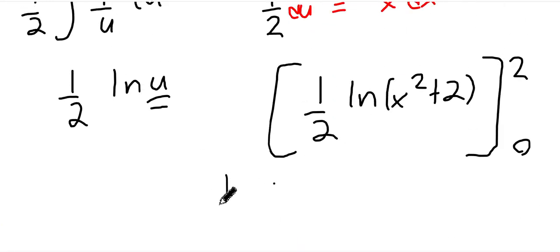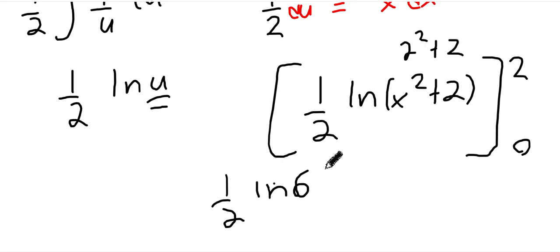And then this means it's going to be substitute in, so it's going to be a half ln, what's 2 squared plus 2? ln 6, yeah, minus a half ln 2.